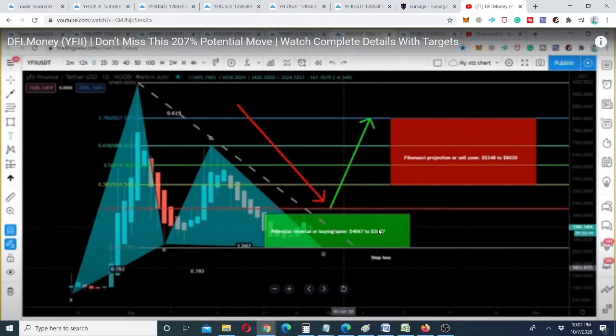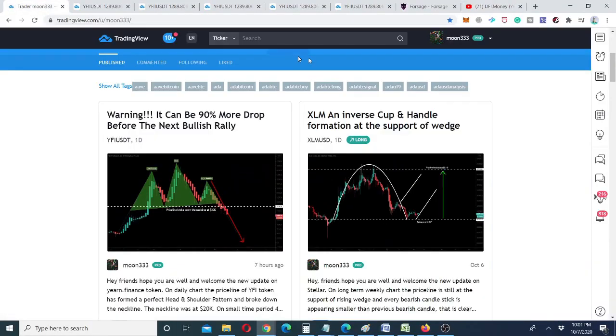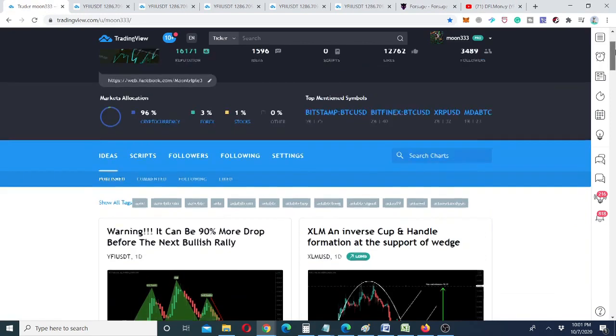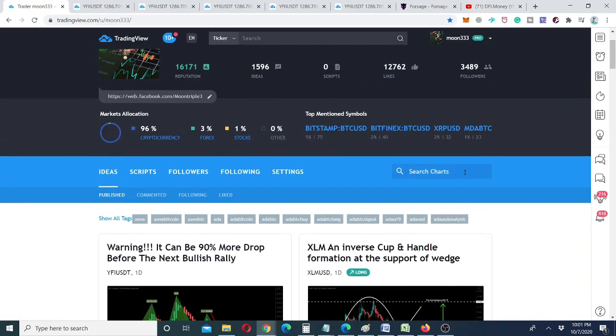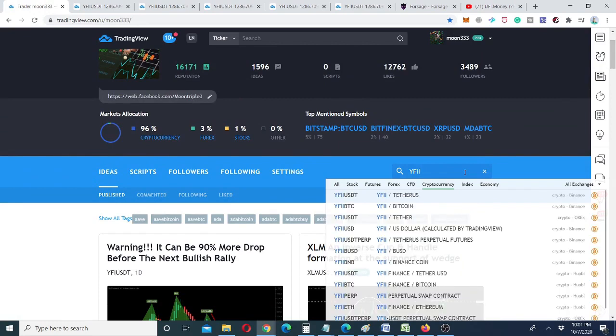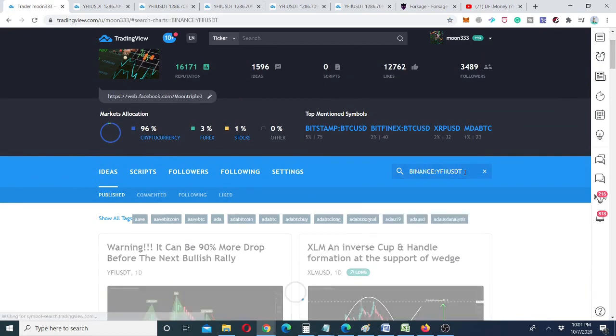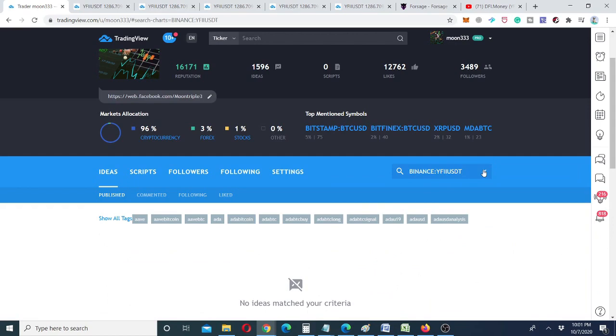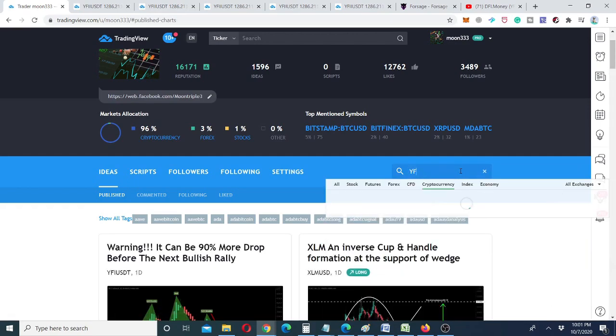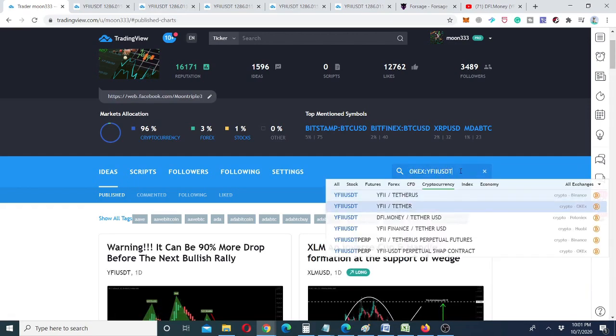Now I'm just taking you to TradingView where I shared this chart of the YFII token. This is the chart that I shared with you, YFII US dollar tether.